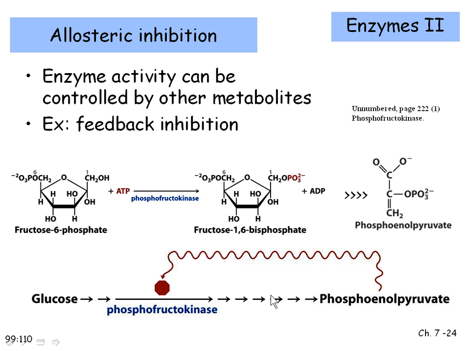In looking at the regulation of this pathway, one of the compounds that can regulate it is the product of the pathway, down quite a long way, which can come back and bind to the enzyme and inhibit its activity. It's not really product inhibition per se, because phosphoenolpyruvate is not a product of this enzyme. It's further down the pathway.